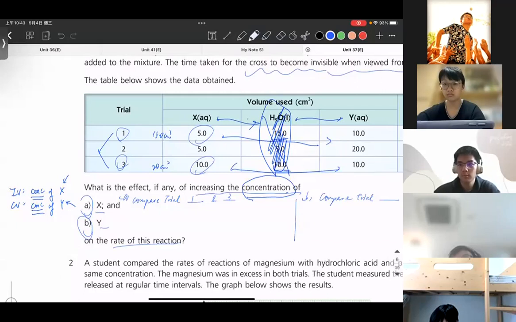Comparing trials 1 and 3, please continue the statement. Volume of X is larger than in trial 1, so concentration of trial 3 is smaller.